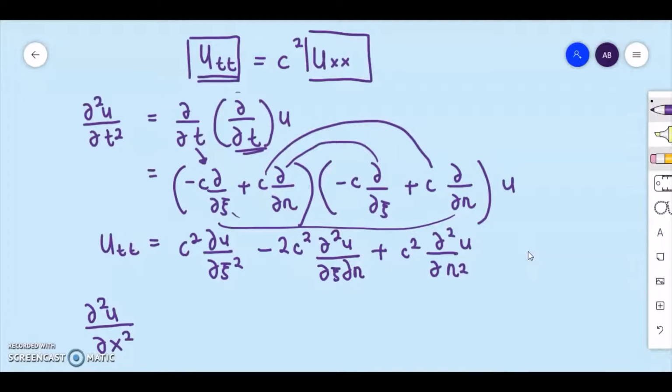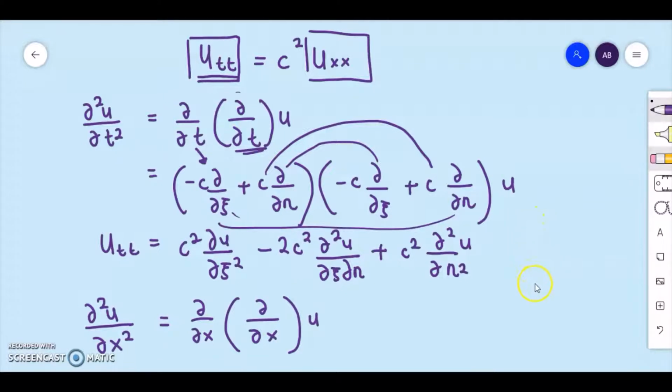Although I have c squared, I'm just going to add it later on. So for this term, I can use a similar approach to my time derivative just now, taking the derivative with respect to x for my u here.